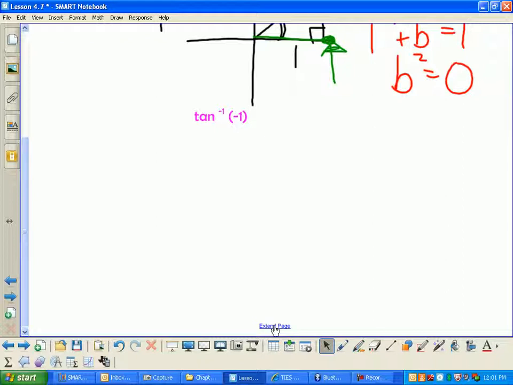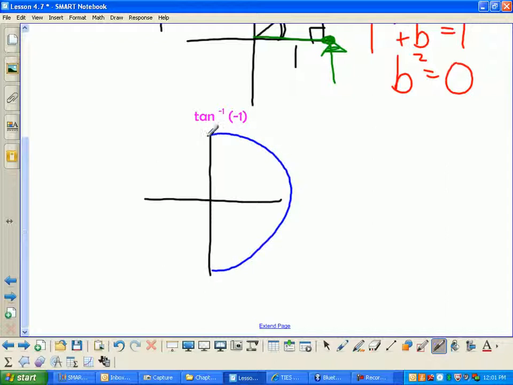Okay, so if I start by drawing my triangle, I just need to know inverse tangent gives me out an angle between here and here, but you can't use either of those. Because remember, the range of inverse tangent is from negative pi over 2 to positive pi over 2, not including.